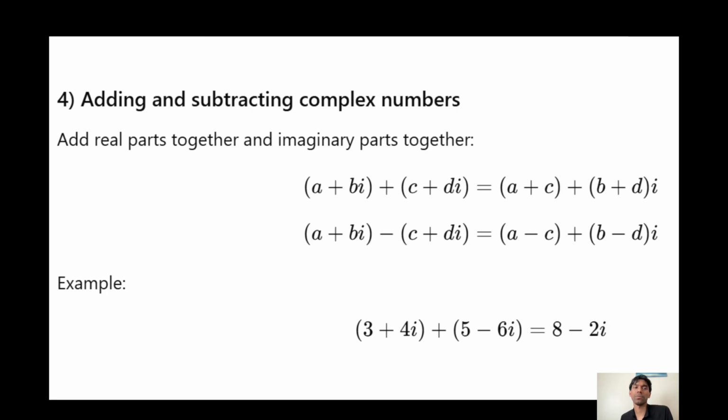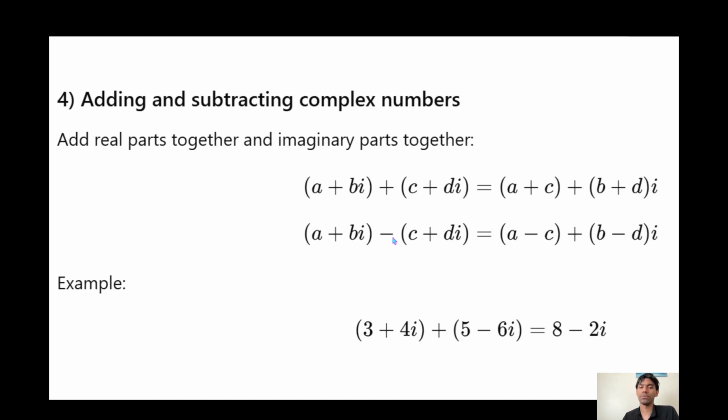Now moving on to the next part, which is the adding and subtracting of complex numbers. We add real parts together and imaginary parts together. For example, a plus bi plus c plus di. First we split into the real part, which is a plus c, and we leave the imaginary part as b plus d multiplied by i.